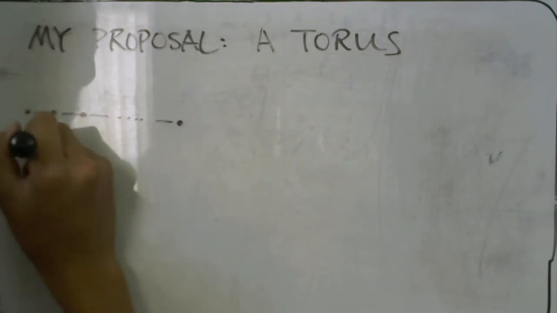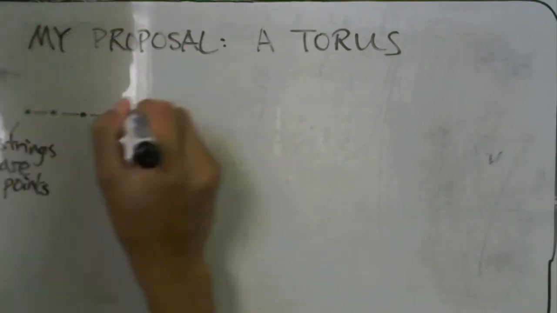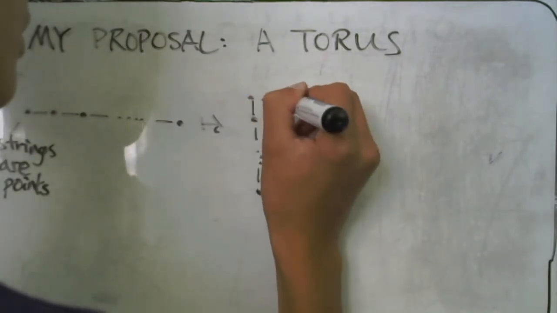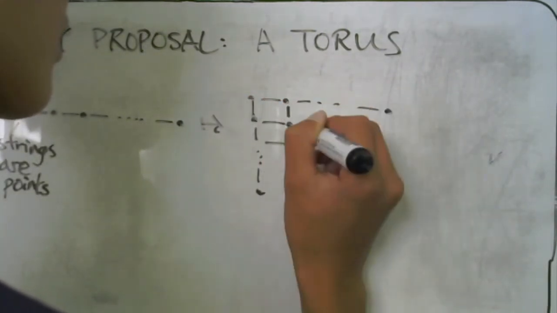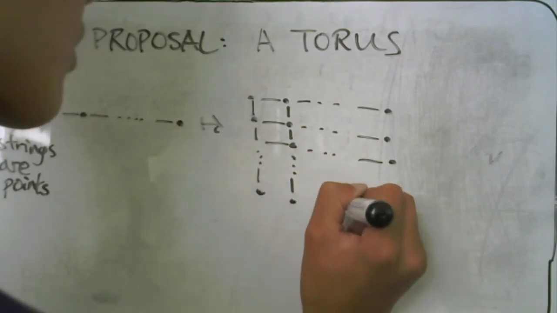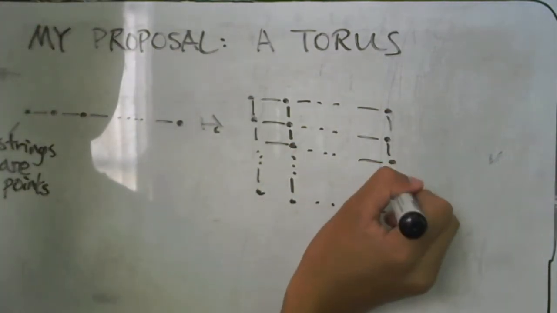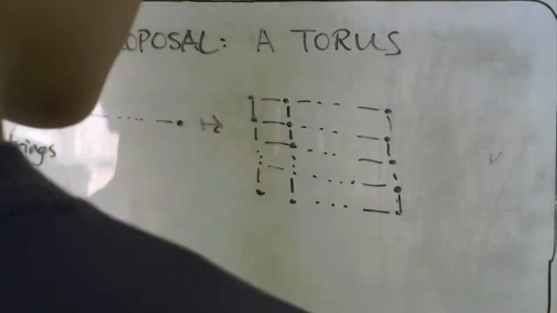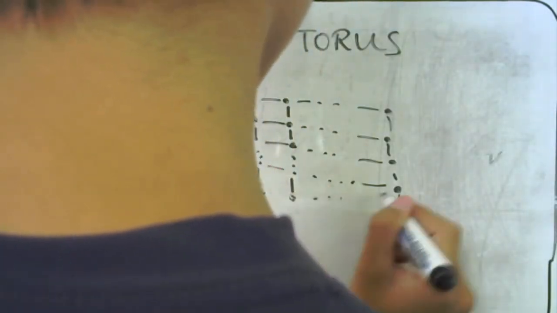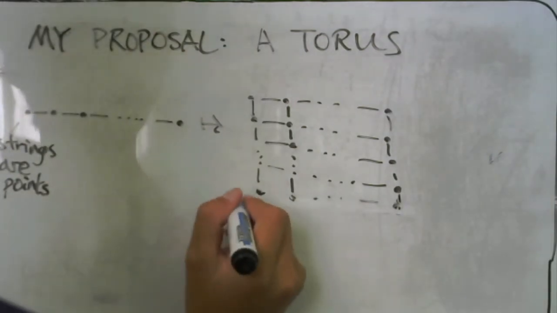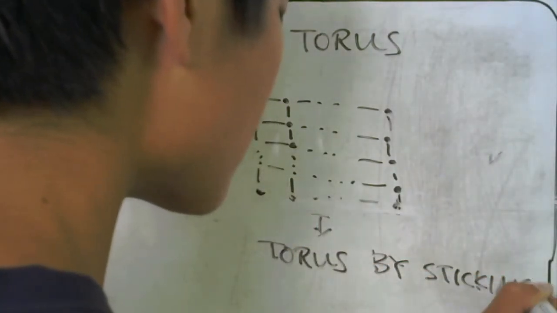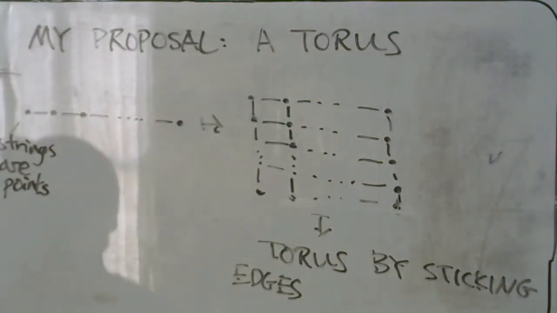This is a bit like an origami recipe, which I'm going to draw out as a line where every point is a string, a possible string of length n. I'm going to restructure it to become a rectangular grid. And then I'm going to make this grid into a torus by sticking the top and bottom edges together and the left and right edges together. And I did write a program for this, but I didn't have a nice visualization for it.